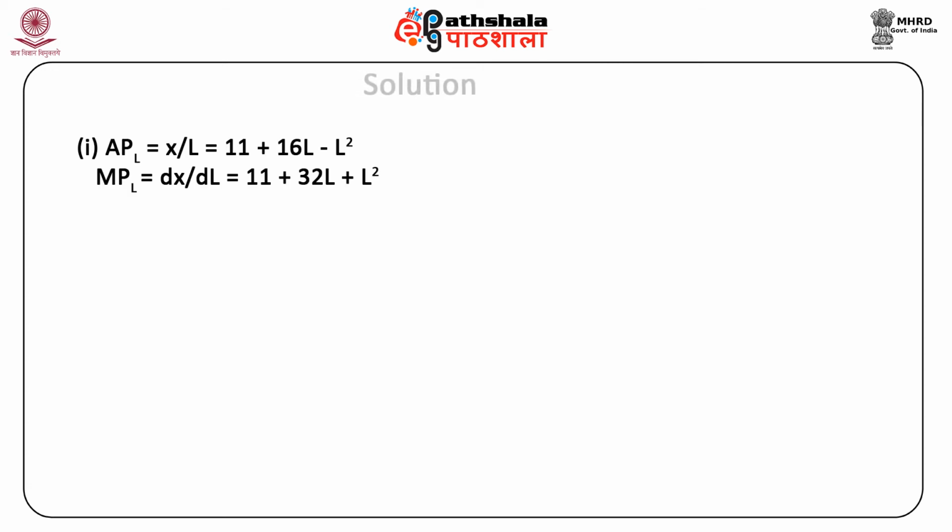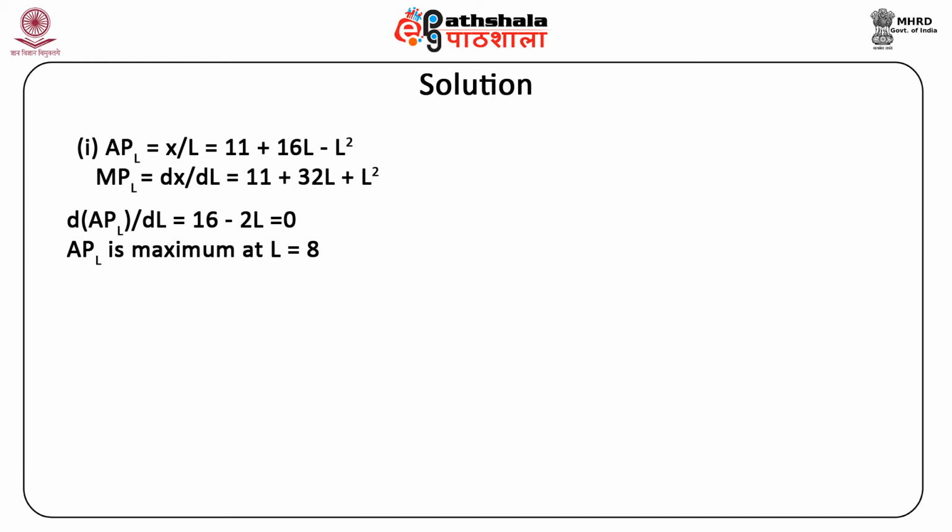First, APL is equal to x upon L equal to 11 plus 16L minus L², and MPL is equal to dx/dL equal to 11 plus 32L minus 3L². We have dAPL/dL equal to 0, which gives us APL being maximum at L equal to 8.